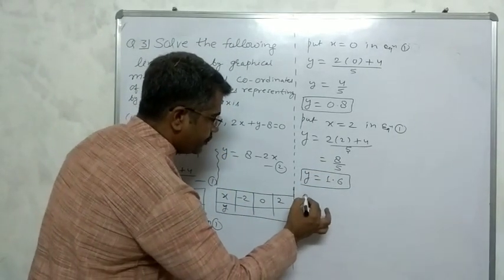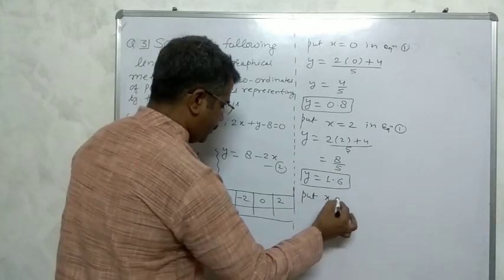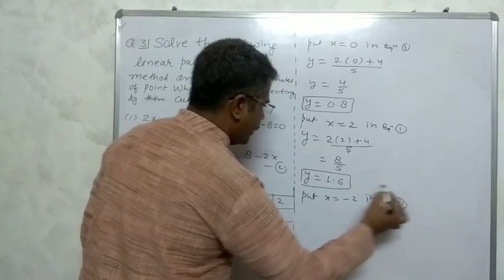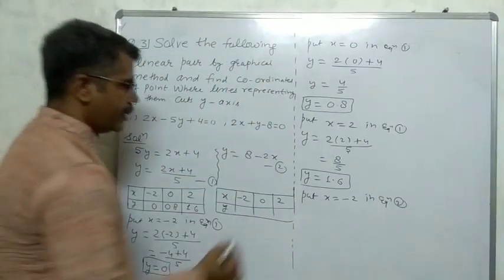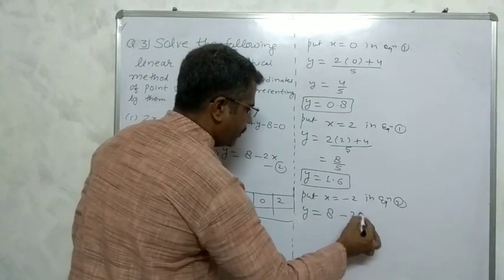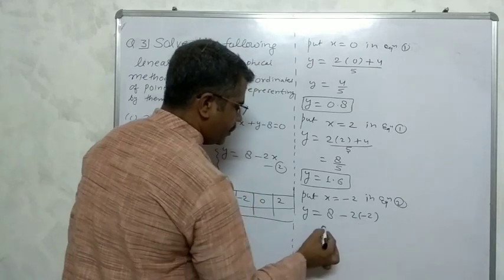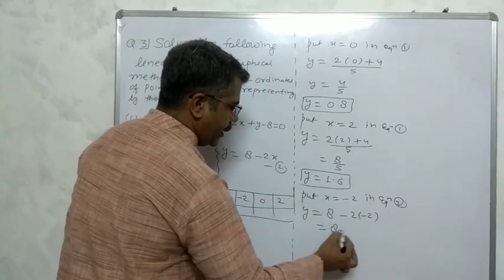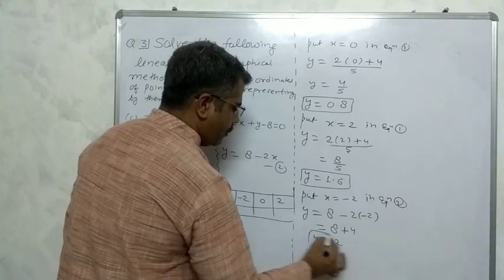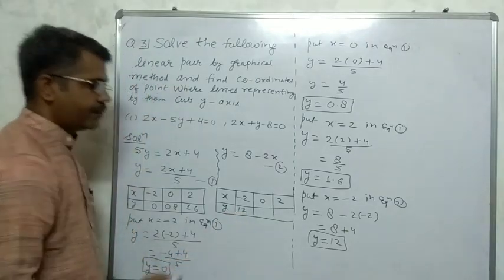We put x equals to minus 2 in equation second. We get y equals to 8 minus 2 times minus 2, that is 8 plus 4, 12. Y equals to 12 when x equals to minus 2.